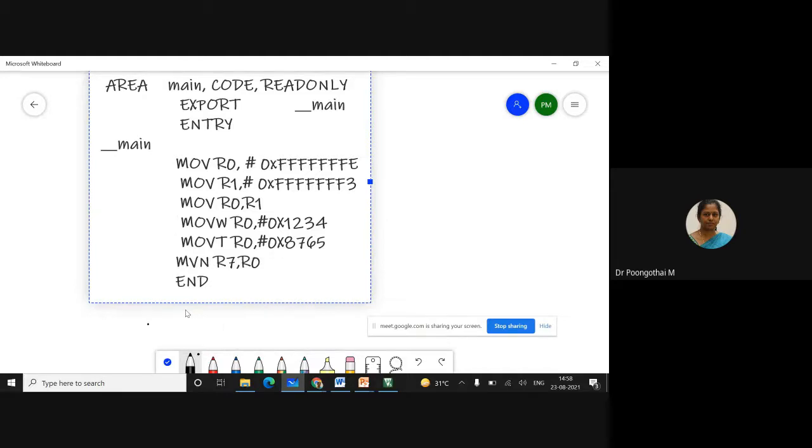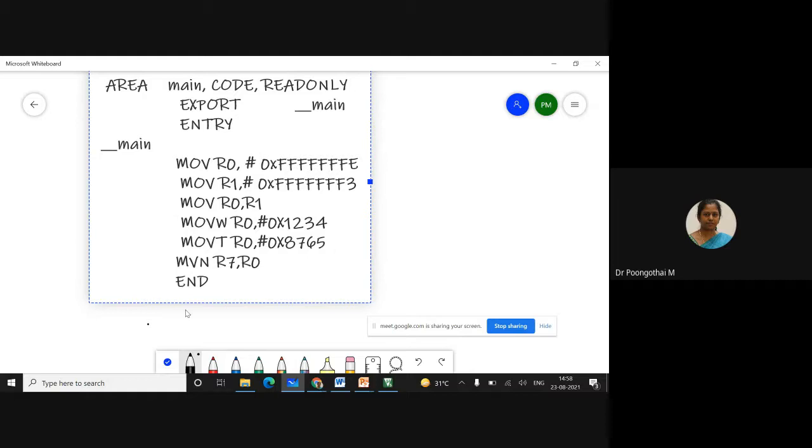We can use move instructions without the S suffix. If we include the S suffix, the flags will be updated in the APSR register.